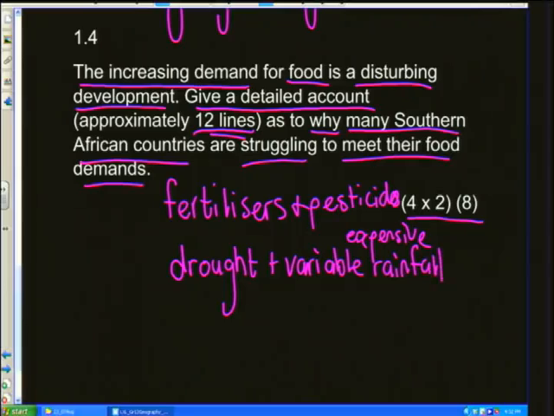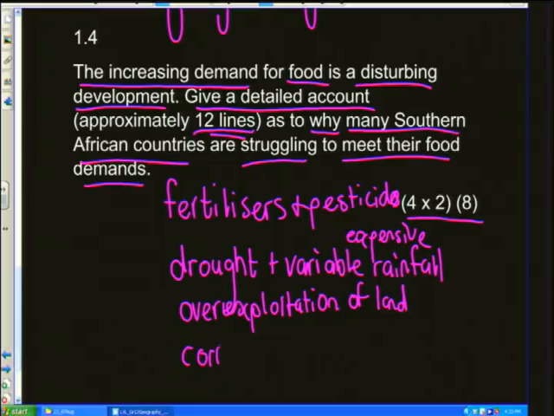In addition to that, they tend to exploit the soil, exploit the land, so over-exploitation of soil, of land. And we can add in there, we've already got more than enough, but the fact that we had corrupt governments which don't aid them enough is also a problem. There are many more reasons you could give. If they are logical and they make sense, you get your marks. All right, let's have a look at the next question.